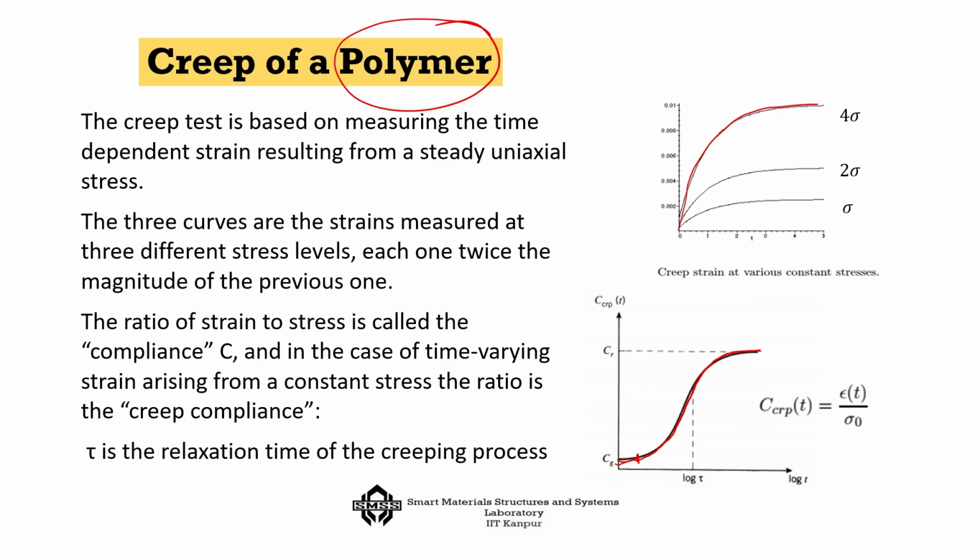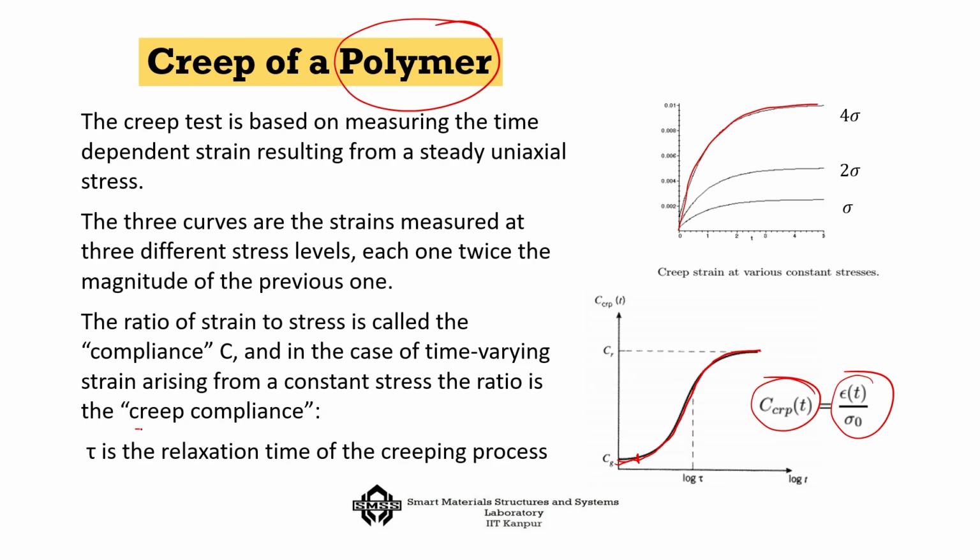So, you can now define something called the creep compliance, which is the strain epsilon varying with time over the stress that you have kept constant in the system: epsilon(t) over sigma 0. So, a new property you can define through this is called the creep compliance.